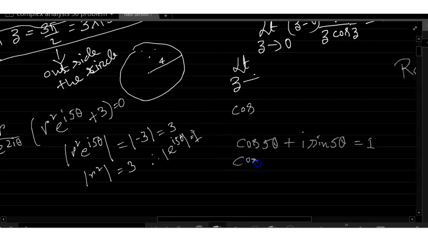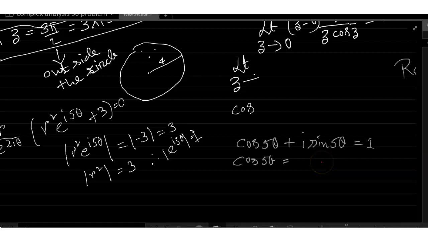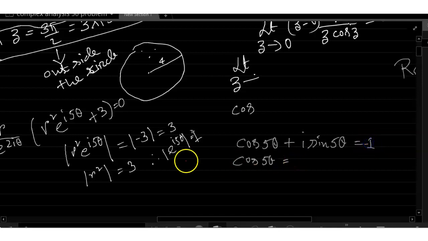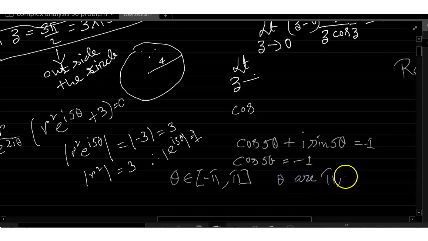So cos 5θ equals −1, because r is 3. Here θ belongs to (−π, π). θ is π, 3π, 5π, −π, −3π.